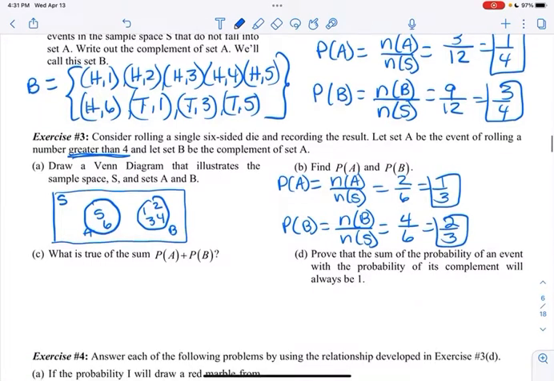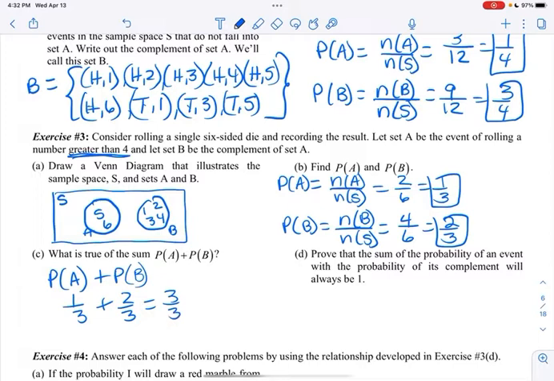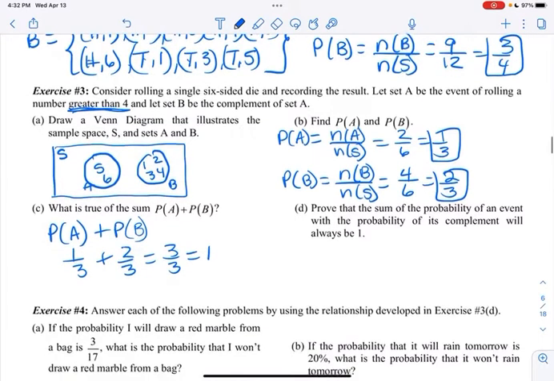What is true about the sum of the probability of A and the probability of B? Well, 1/3 plus 2/3 is 3/3, or 1. So what's true? It equals 1. It's guaranteed to happen. It's 100%.